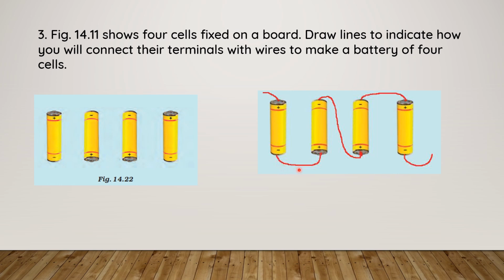Here the wire is connected to the positive part, and the negative part is connected to the next positive terminal, and here the negative terminal is connected to the positive terminal of the next cell. So here it is negative and this side it is positive. So this wire and this wire are connected to any device.